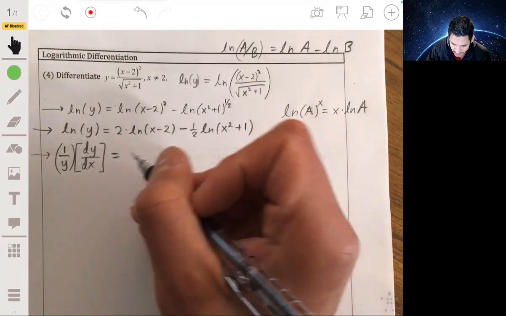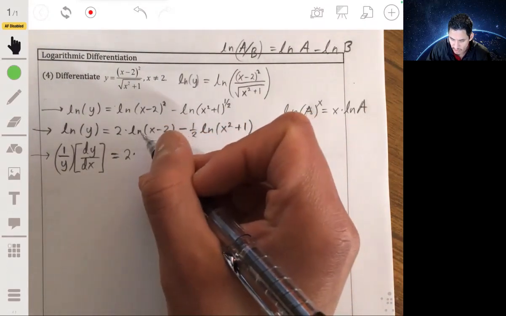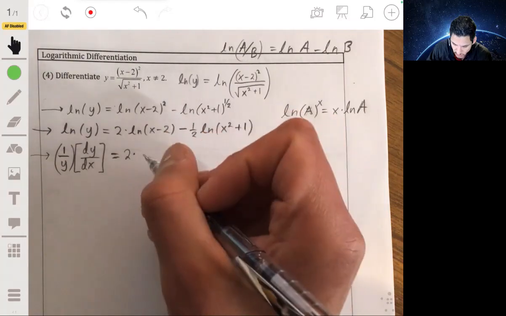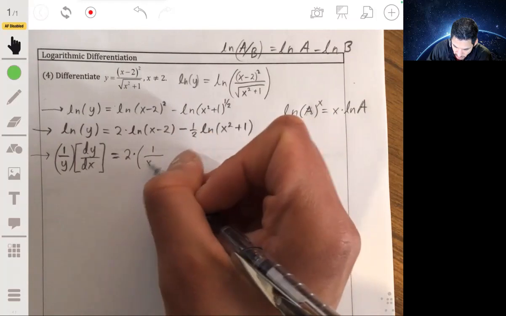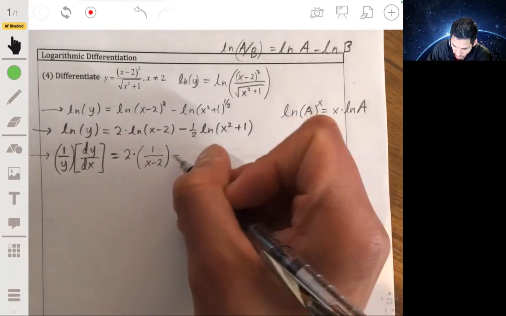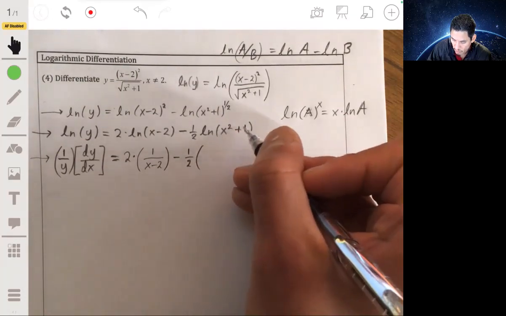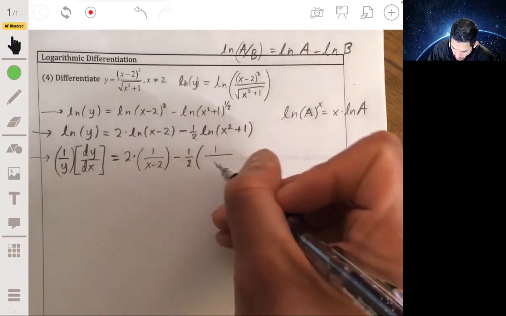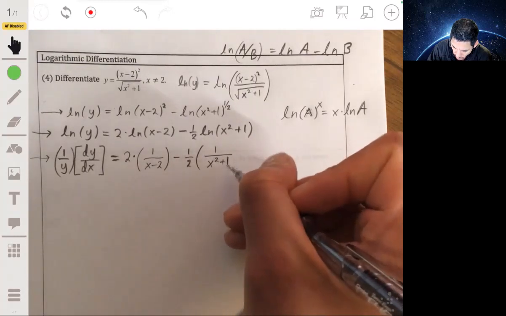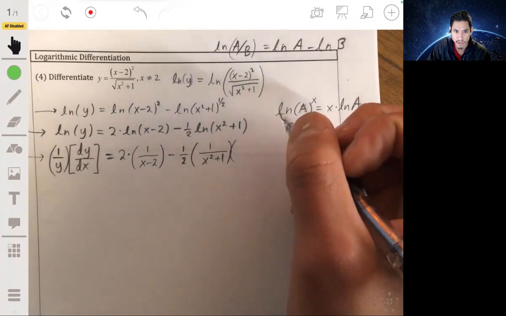So then we're going to have 2 times the derivative of the natural log of x minus 2, which will just be 1 over the inside. So 1 over x minus 2, minus 1/2 times 1 over x squared plus 1, times the derivative of x squared plus 1 using the chain rule.